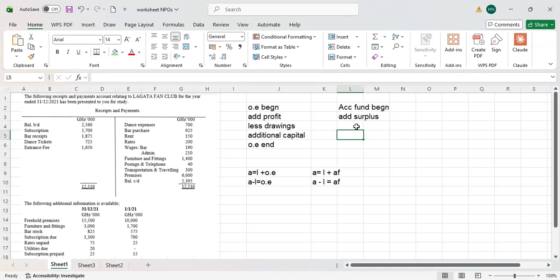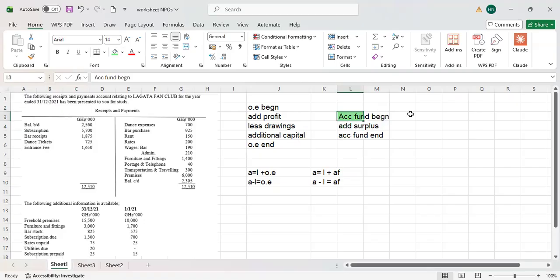And then we have our accumulated fund at the end. Okay. So we need to work out for this one. We add our surplus to give us our accumulated fund at the end. So we need to find this.